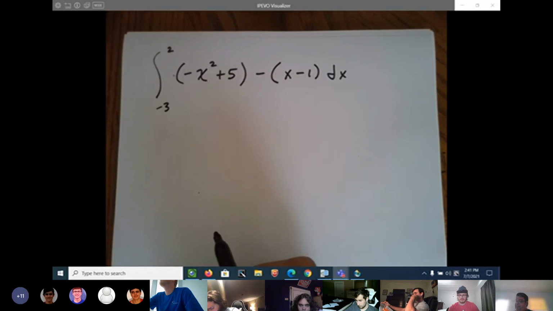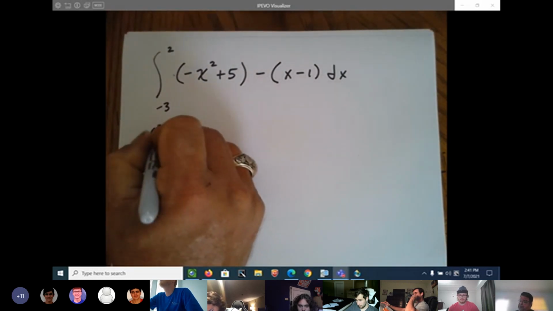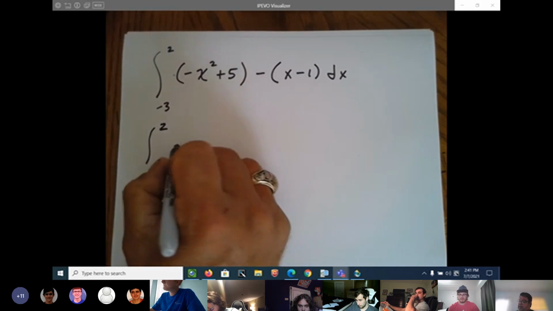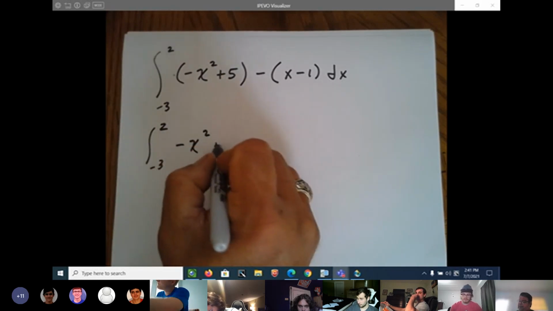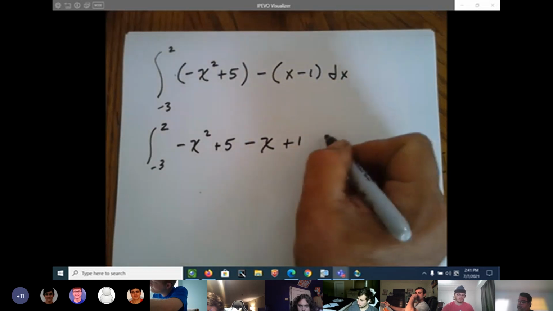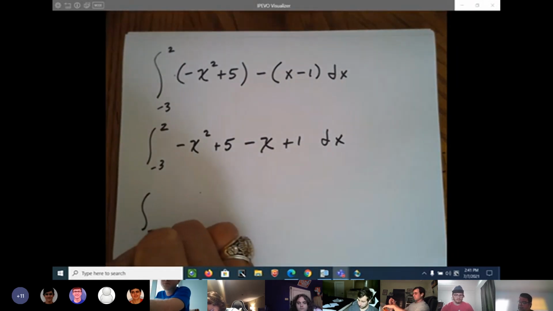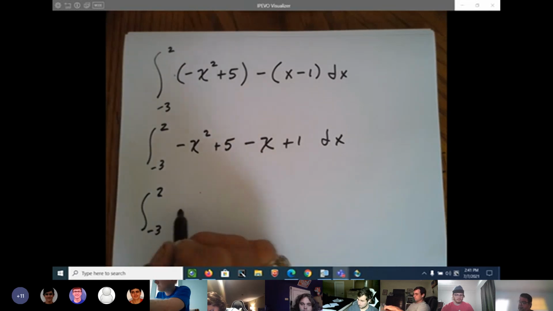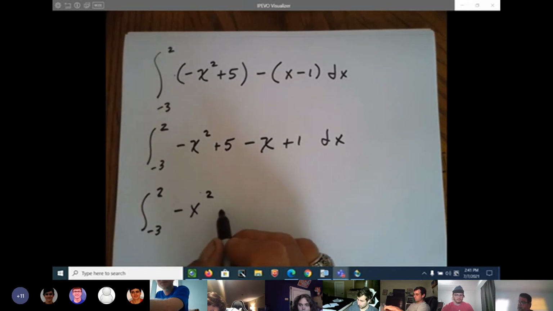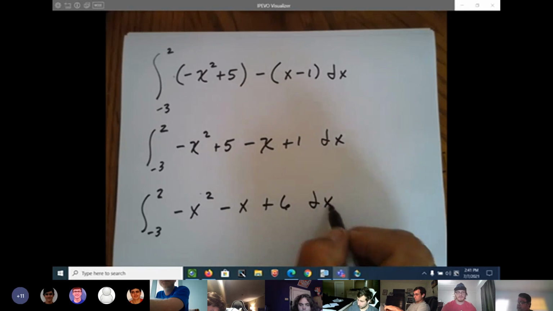Okay, so the integral from -3 to 2 of negative x squared plus 5 minus x plus 1 dx. That's the integral from -3 to 2 of negative x squared minus x plus 6 dx.